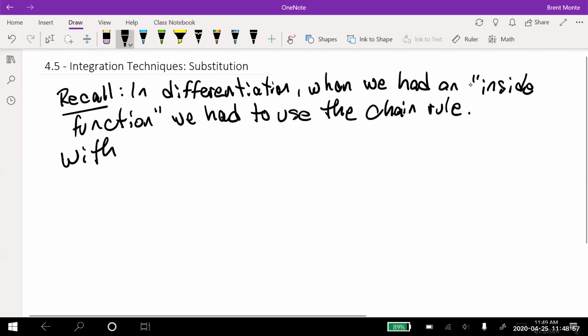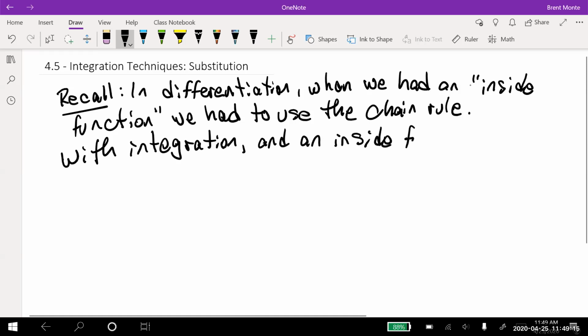With integration, we'll say, and an inside function, we need to use substitution.